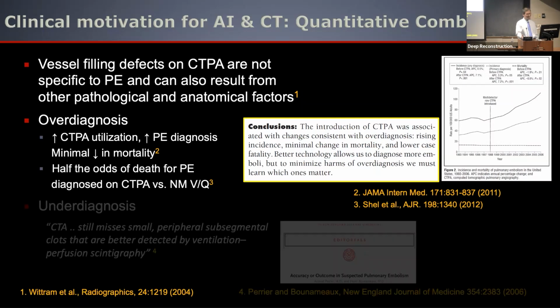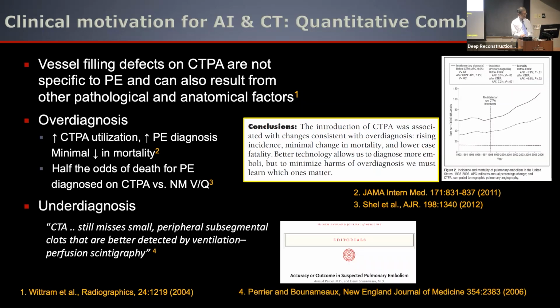But on the other hand, the New England Journal also published papers saying CTA still misses small peripheral segmental clots, and we would like a better diagnosis, otherwise we have to go to nuclear medicine for ventilation perfusion scintigraphy. So the key point here is, yes, CT pulmonary angiography can help diagnose PEs, but maybe with overdiagnosis. On the other hand, we need it.